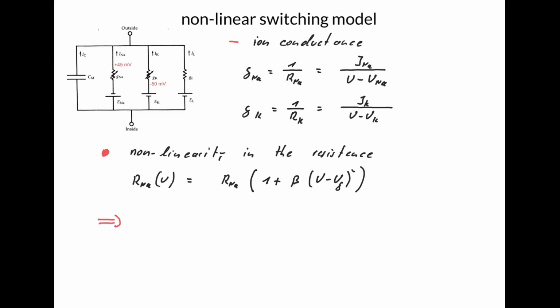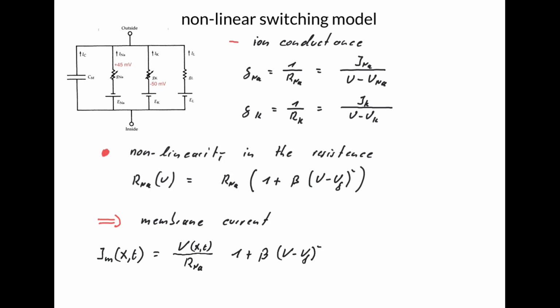Now, putting this into the membrane current, we can now calculate it: the membrane current at X and T is equal to the voltage at X and T divided by the resistance of the sodium ions, times 1 plus beta times V minus V gating squared.